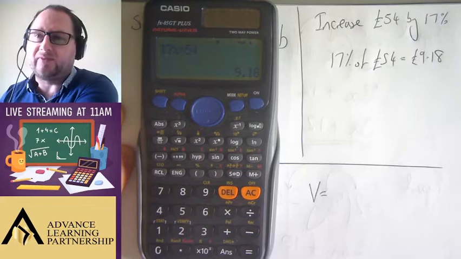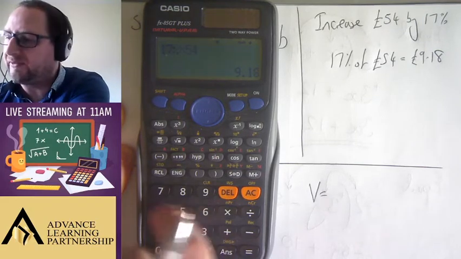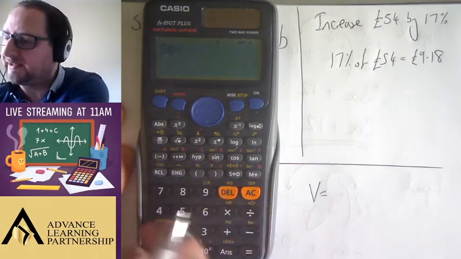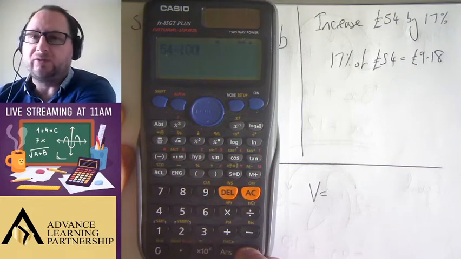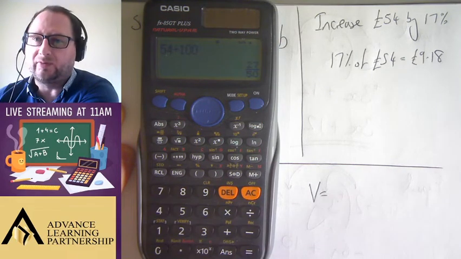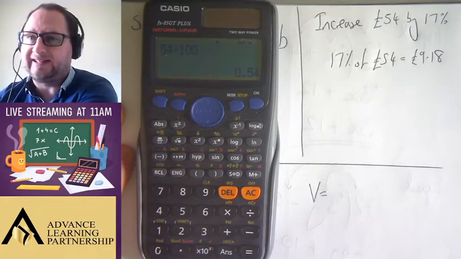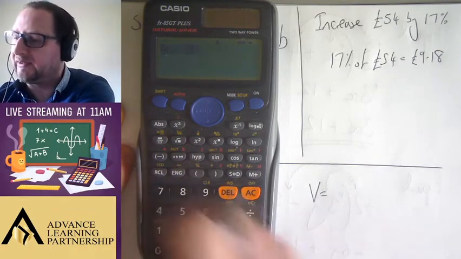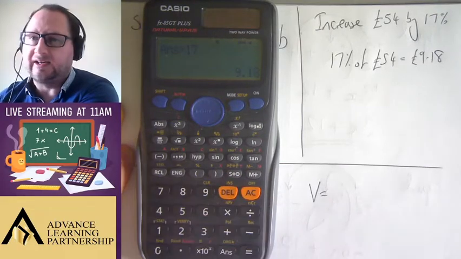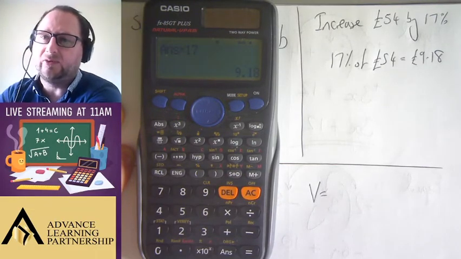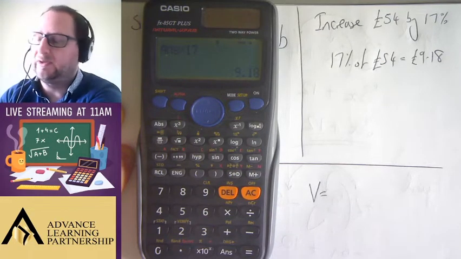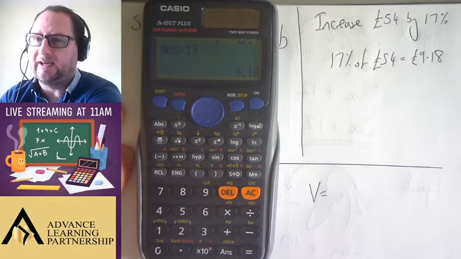Now there are other ways of finding that 9.18. If you take the 54 and you divide that by 100, by dividing by 100 you'll find 1%. 1 out of 100 effectively. So 1% is 0.54. Now I need 17 of those, so if I times that by 17 I'll get the 9.18. So if you're using your iPhone or a Google based phone, that might be a better way of getting the 9.18.